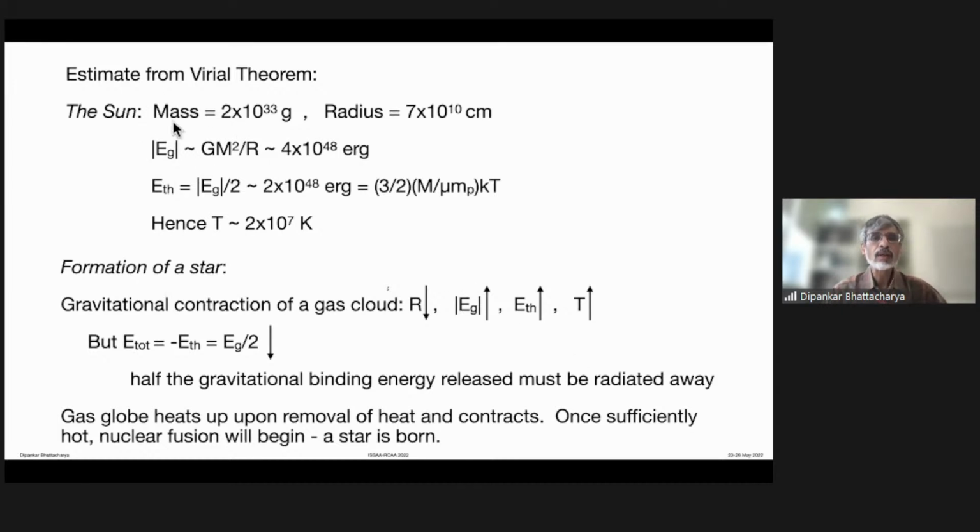So the magnitude of the gravitational energy, which is roughly about G M squared by R, is about 4 times 10 to the power of 48 ergs. So therefore, the thermal energy must be half of this, which is about 2 times 10 to the power of 48 ergs.